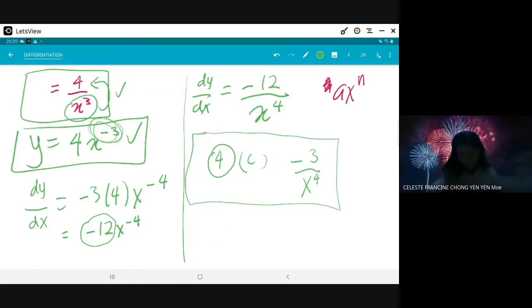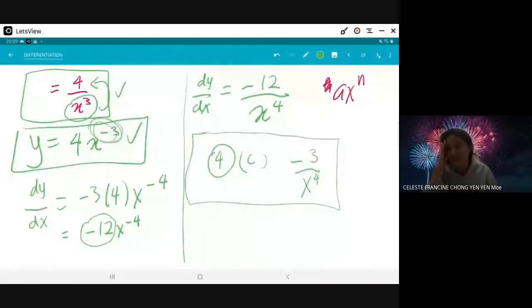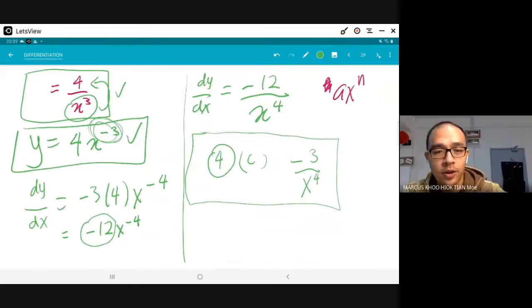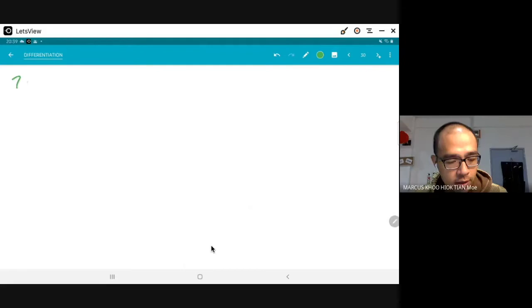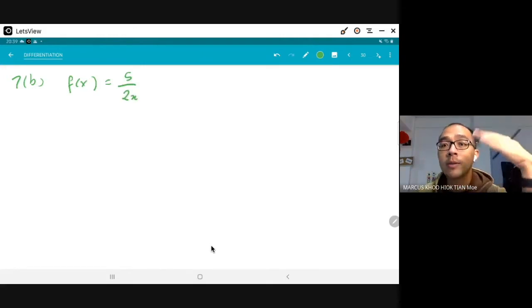How do you do question number 7B? Okay, that's a good question. Why don't we start with that? 7B. So you have f(x) equals 5 over 2x. The problem is the thing that has the power is actually only x.